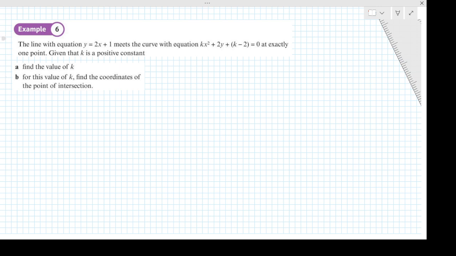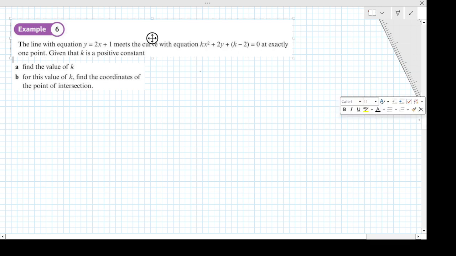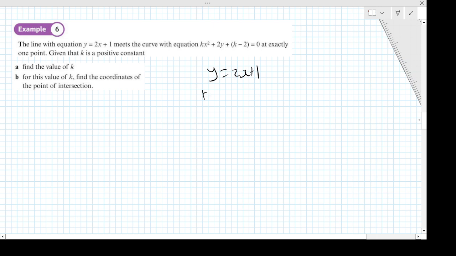In this example, we are told the line with equation y is 2x plus 1 meets the curve with this equation at exactly 1 point. So I'm going to write these equations down: y is 2x plus 1 and kx squared plus 2y plus k minus 2 equals 0. And we are told that they meet at exactly 1 point. Okay.